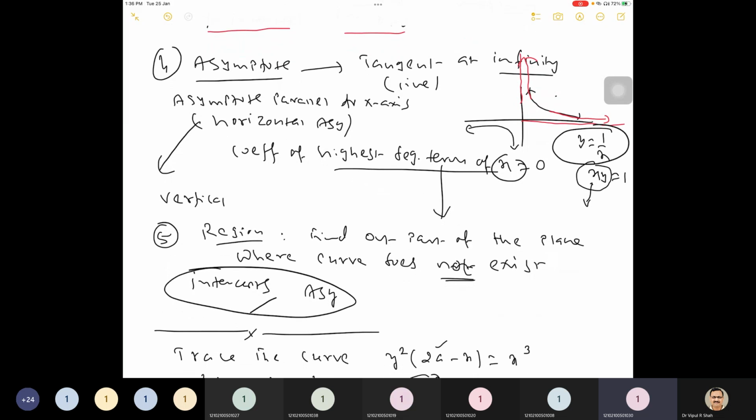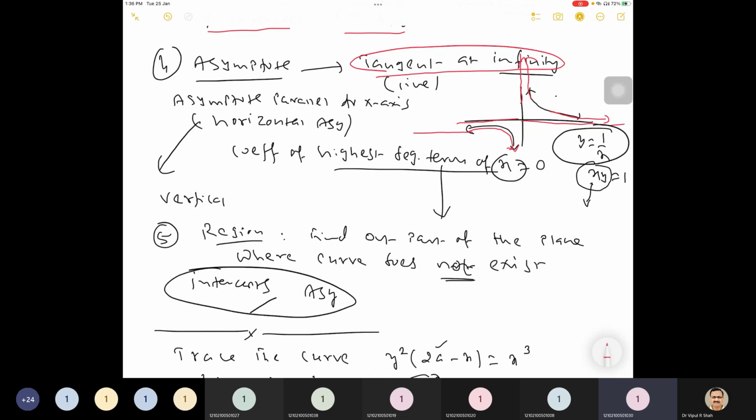The next part is asymptote. Now, what does asymptote mean? Asymptote means tangent at infinity. Say this is the curve, y equal to 1 upon x.